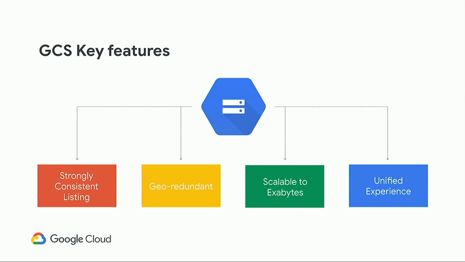Regardless of what storage classes you're using or what location types, there's a single unified API. And that is also facilitated by Spanner. Because we're using Spanner as our centralized metadata repository, it allows us to expose a single unified metadata layer, an API on top of that metadata, for all of the data that's in GCS.